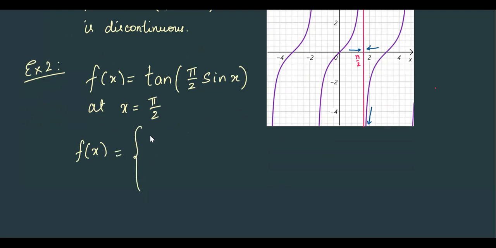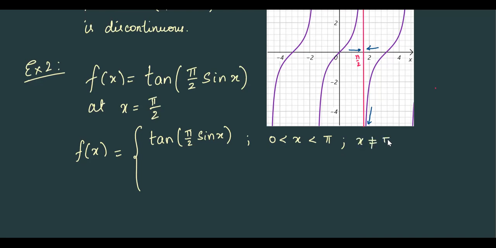I'll define the function like this: tan of pi by 2 sine x for x from 0 to pi, except pi by 2.